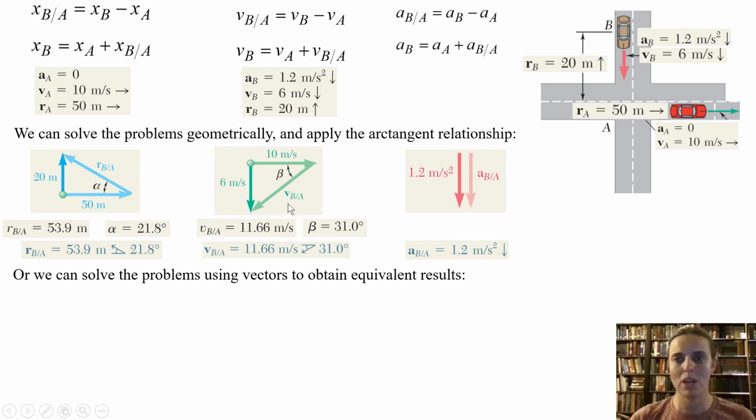Velocity of B relative to A. So that's sometimes a little bit harder to realize. So A is going forward, but B is going down. And so the relative velocity is a combination of that forward and down motion.